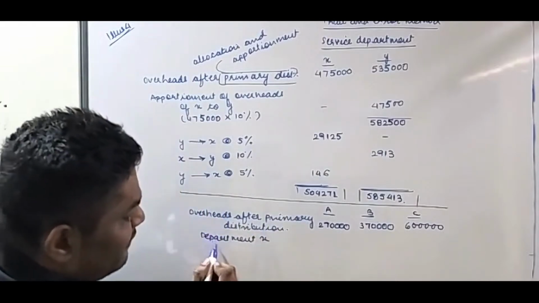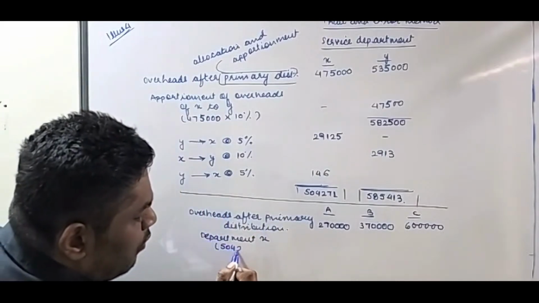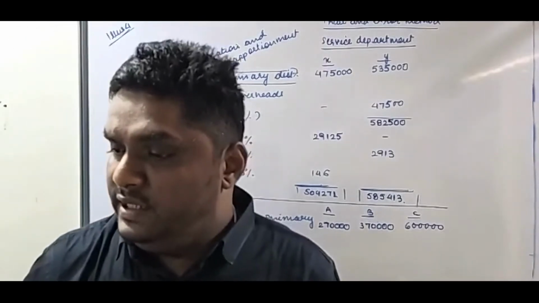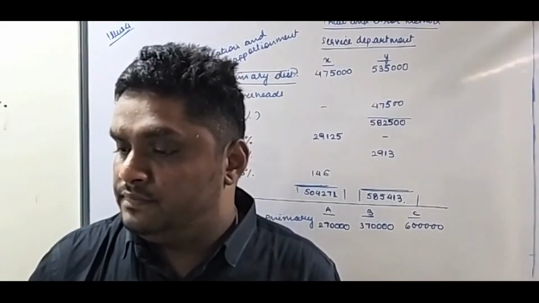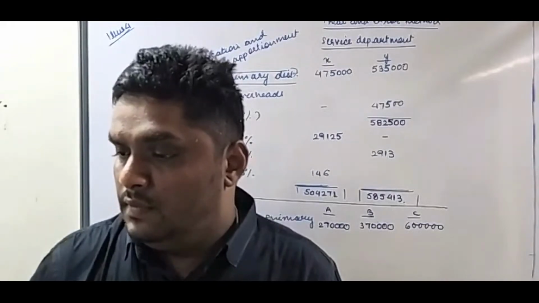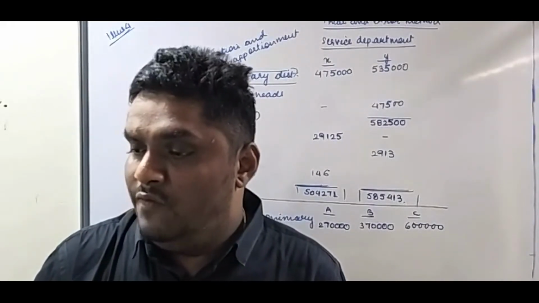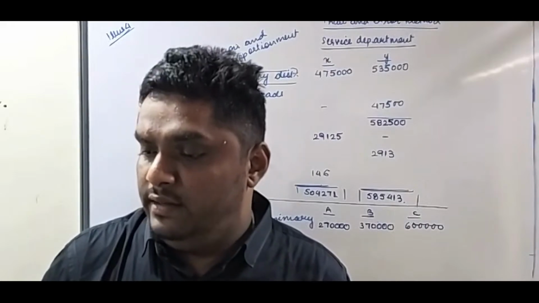The total overheads are 504,271, and the percentage is given, that is, once again, 45, 15, and 30.